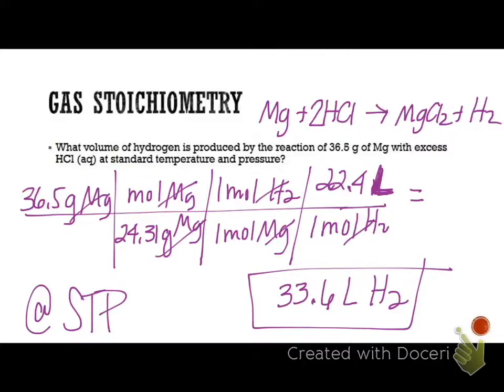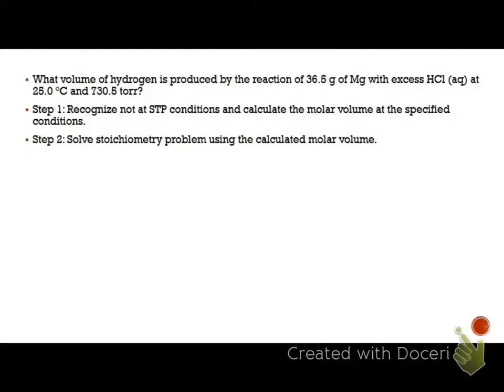But what if we're not at standard temperature and pressure? Then we have to do something a little bit different. When we are not at standard conditions, like here, because we are at 25 degrees Celsius and this many torr, the first thing we need to do is say that temperature is going to be 298 K, which is not standard, and we're not in atmospheres, so we have to convert to atmospheres. We'll do 730.5 torr.